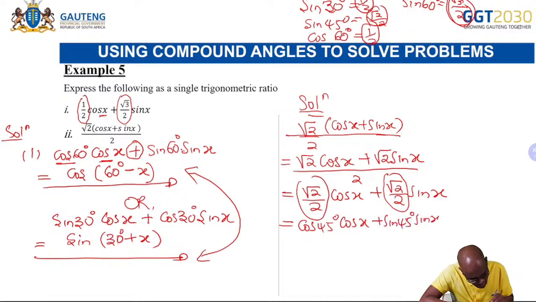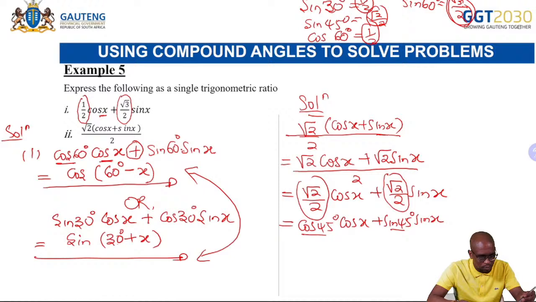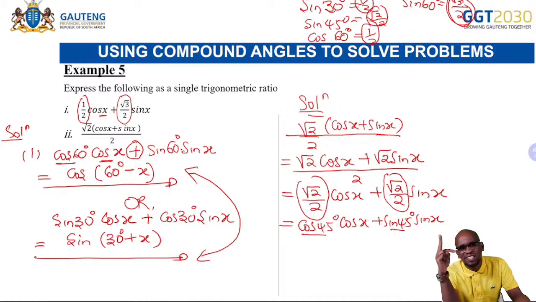the sine of x. Why am I making this one cos and this one sine? It's because once I make this one cos, then it's cos multiplied by cos. And for me to choose the correct compound angle, I should choose the one that is for the cosine expansion, because the cosine expansion infuses cos times cos, then sine times sine.